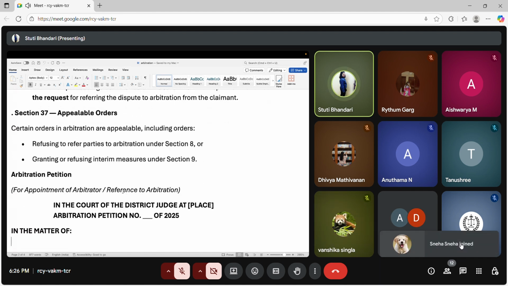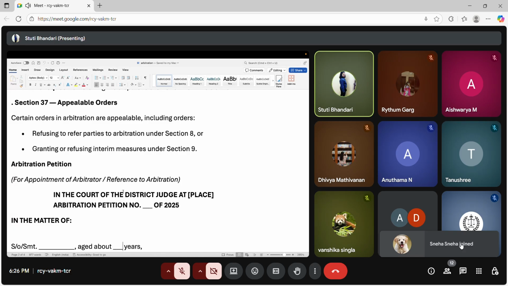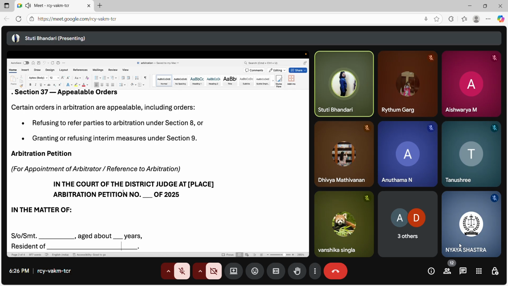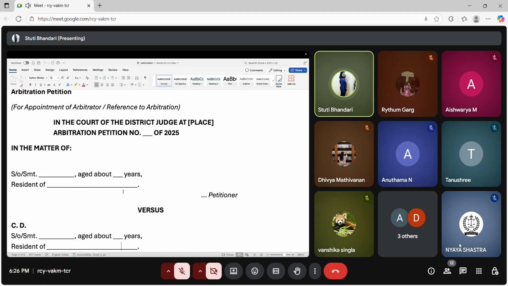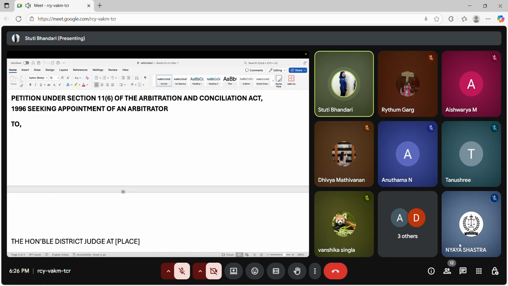Now coming to the arbitration proceeding, how do you file an arbitration petition? In the court of district judge at this place, arbitration petition number dash of 2025, in the matter of petitioner versus respondent, petition under section 11(6) of the Arbitration and Conciliation Act 1996 for seeking an appointment of an arbitrator.